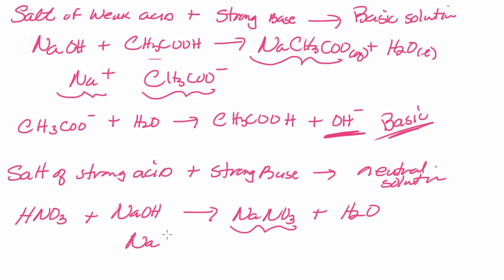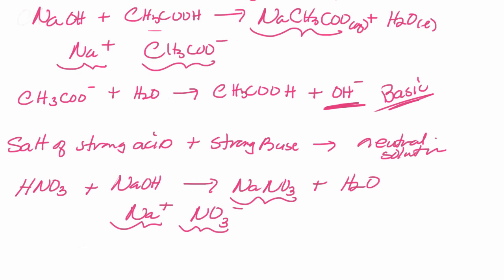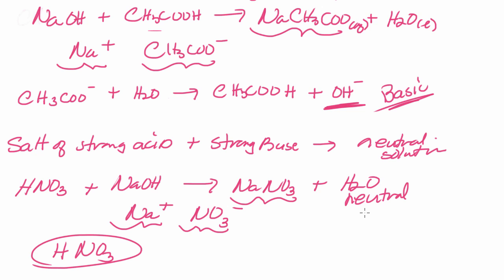Sodium nitrate is dissociated as sodium ions and nitrate ions. And sodium ion will not react with water, and nitrate ion will not react with water. Why? Because then you would end up with nitric acid, which is a strong acid, and that's going to stay completely dissociated. So in this case here, we have a neutral solution.